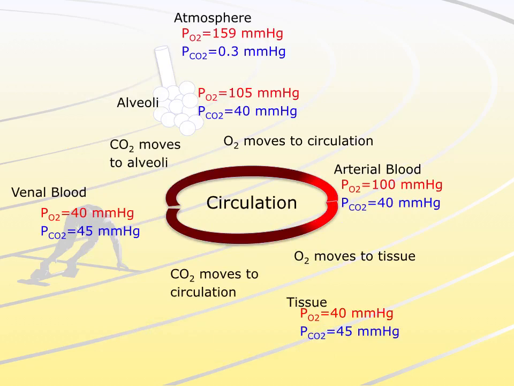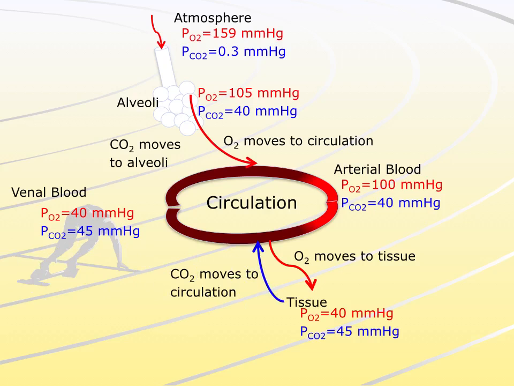So let's take a look at the way in which gases are going to move, in particular carbon dioxide and oxygen, within the two ventilation cycles: the external ventilation cycle between the alveoli and the atmosphere, and then the internal ventilation cycle between the alveoli, capillaries and tissues.